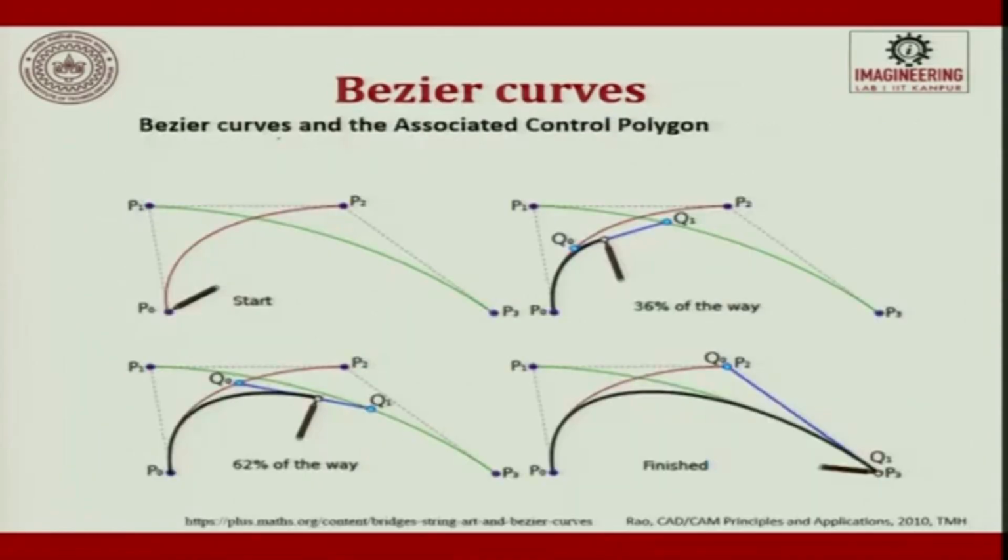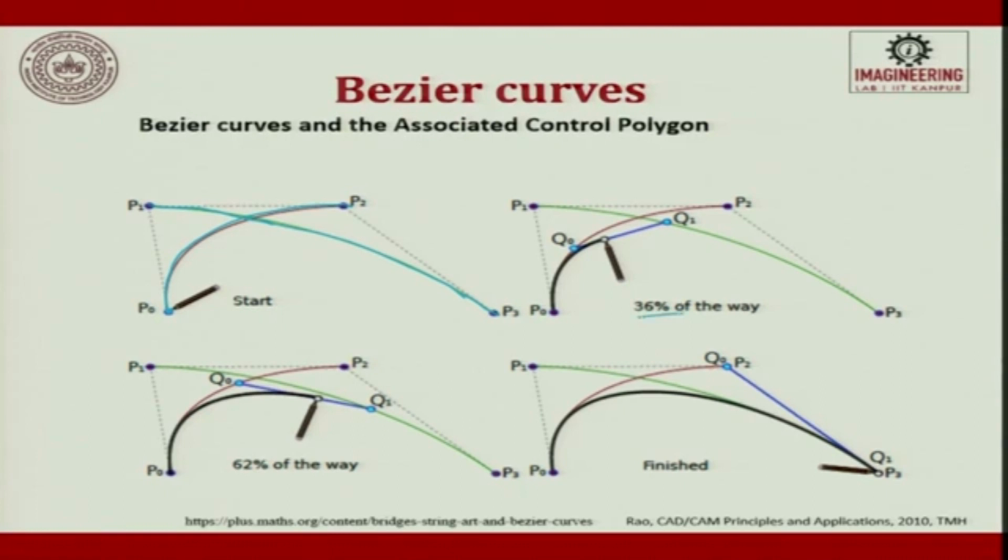So, the Bezier curve and the associated control polygons, you look at it, start point, and then I try to join start point P0 and P2, then P1 and P3.